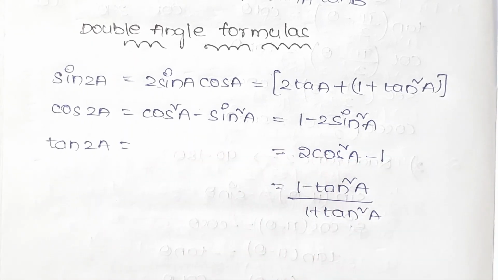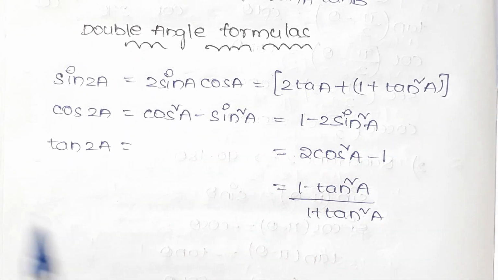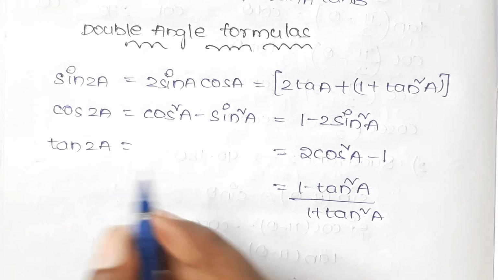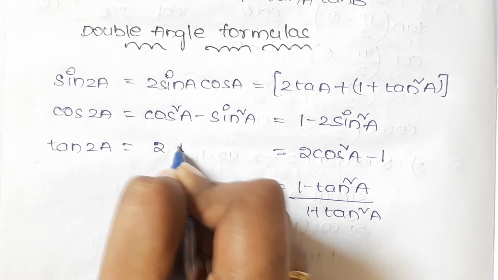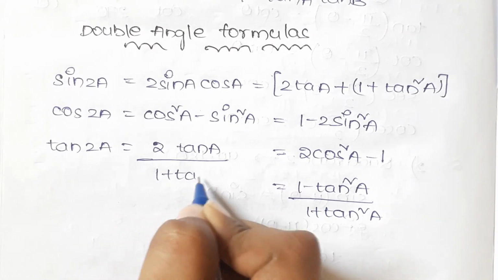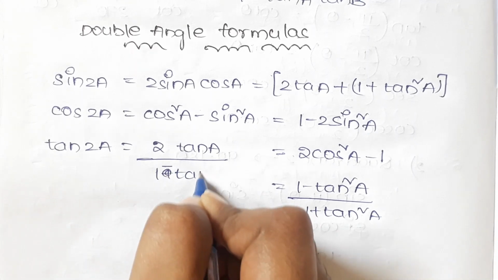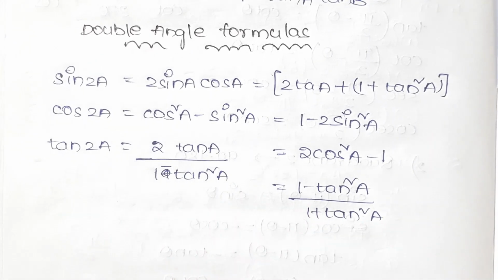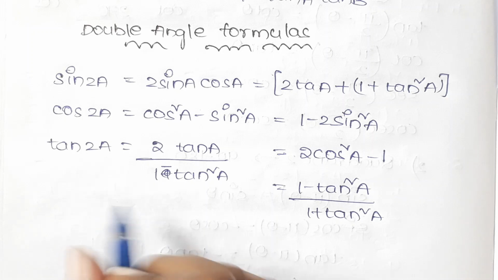And these four are the formulas for cos 2a. And now tan 2a is 2 tan a divided by 1 minus tan square a, and this is the formula for the double angle in tan.